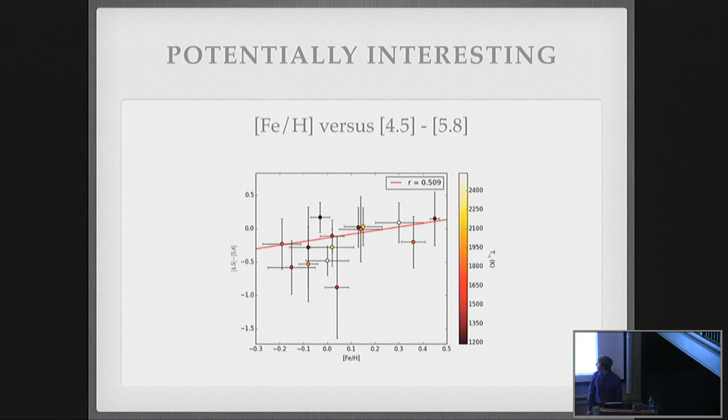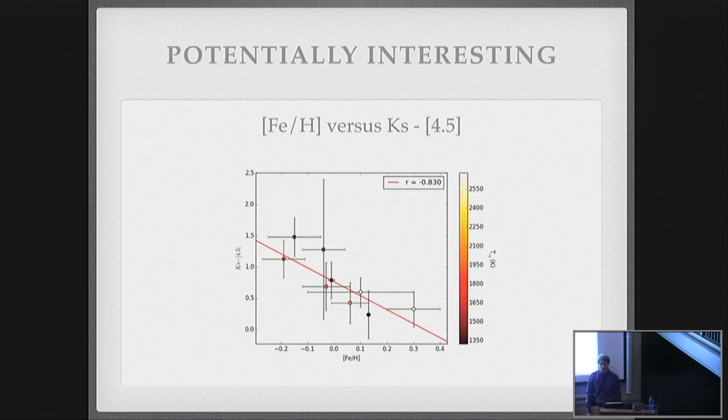And it's a very interesting trend, and it doesn't seem to be caused by the temperature of the planet. You would expect that there might be an effect of the temperature, but it doesn't seem to be very significant if you account for the temperature as well.